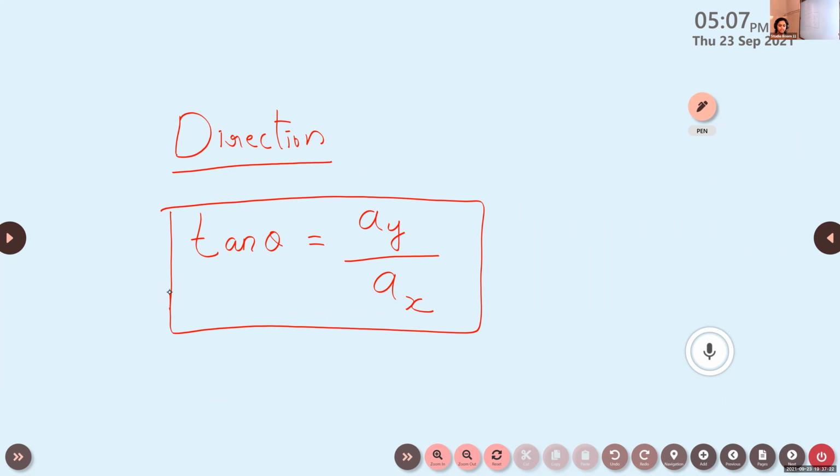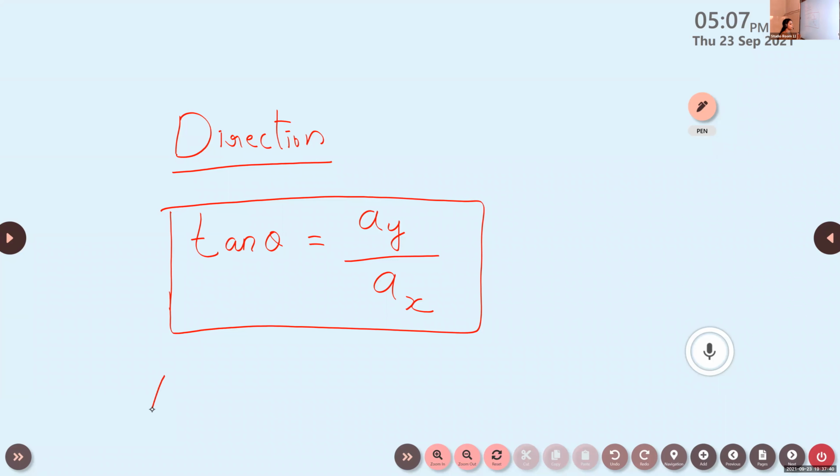So that's all about the terms associated with the motion of an object in a plane. There are three terms: position, velocity, and acceleration. Under the position, we are writing equations for calculating the position vector.